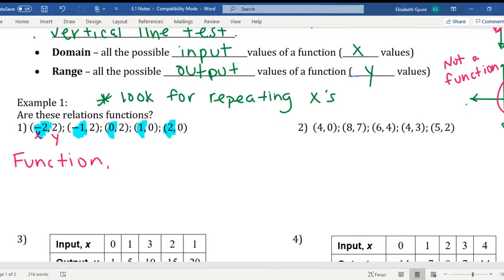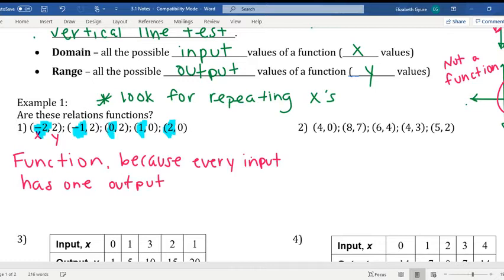But the proper mathematical way to say it is that it's a function because every input has one output. Because every x had just exactly one y, none of your x's repeated.